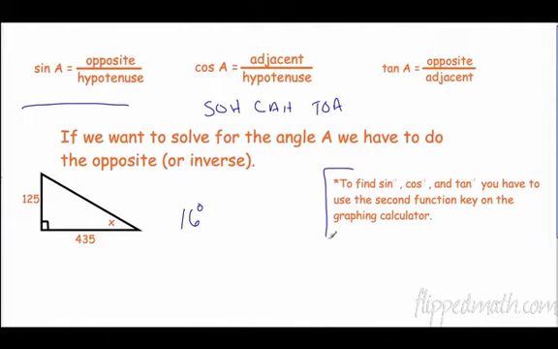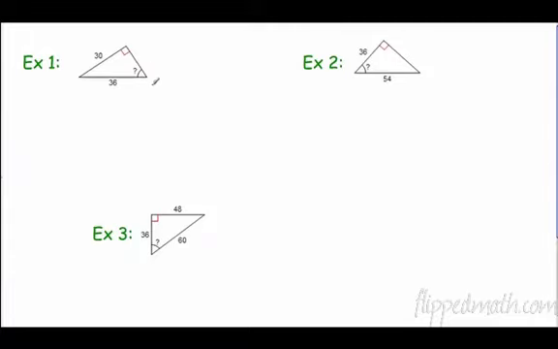Again, to find the inverse sine, inverse cosine, or inverse tangent, you have to use the second function key on that graphing calculator. Let's do one. So here's my angle I want. I have opposite and hypotenuse. That's sine. So sine of theta, or x, whatever you want to call it, is 30 over 36.